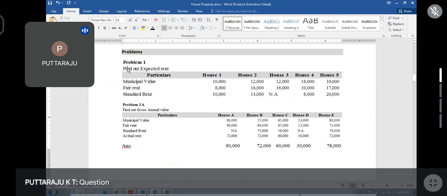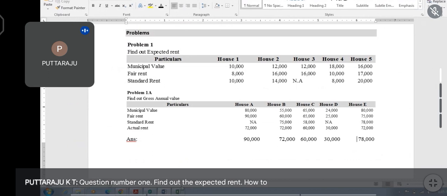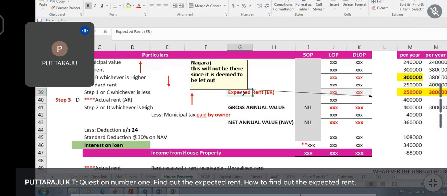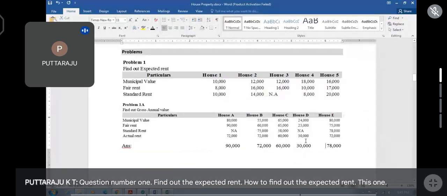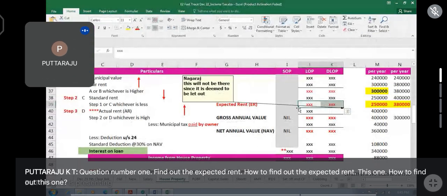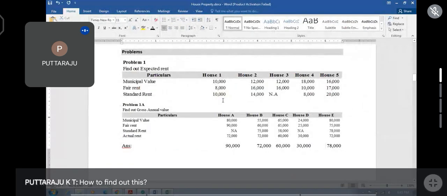Question number 1. Find out the expected rent. How to find out the expected rent? How to find out this one? Any 5 can try, 5 houses.